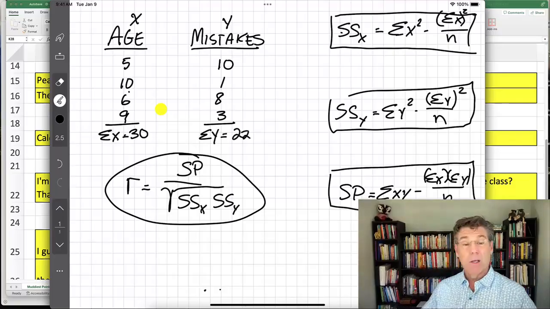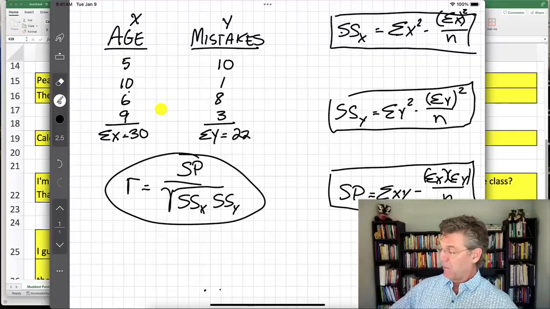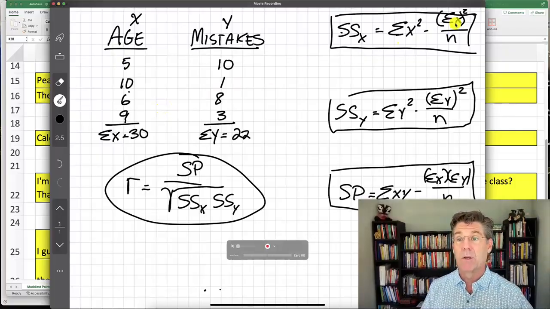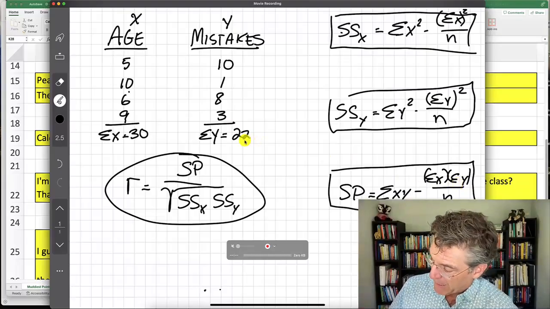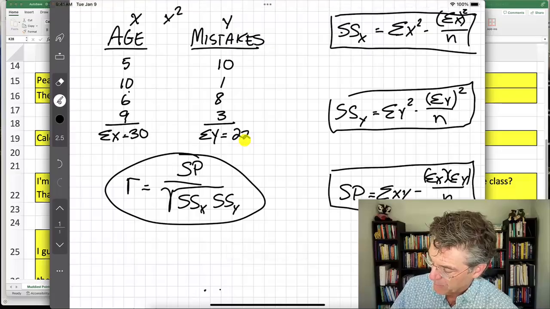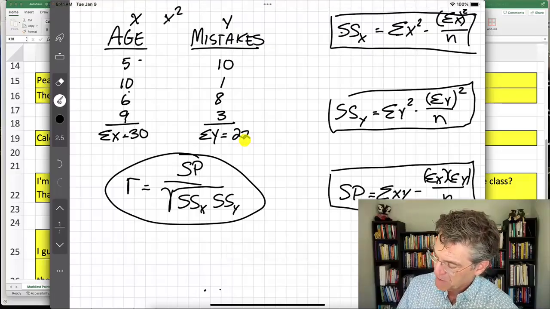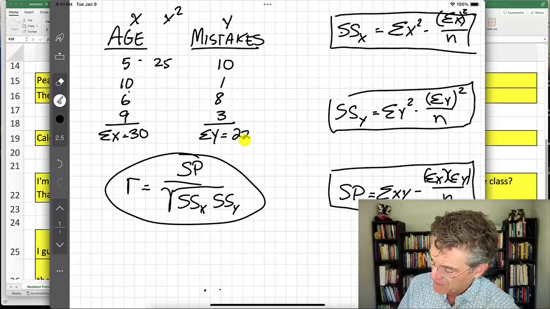Okay, so I could start plugging the sum of x and sum of y into my calculations. So here's my sum of x, there's my sum of y, and then I can again redo them here, sum of x times sum of y. Okay, so that would be the 30 and the 22. Now what I'm going to add is an x squared column. And that's where I'm going to square each of the x's here. So 5 squared is 25, 10 squared is 100, 6 squared is 36, 9 squared is 81.